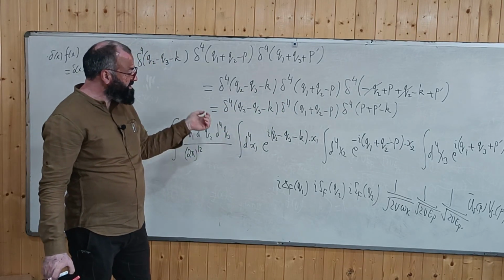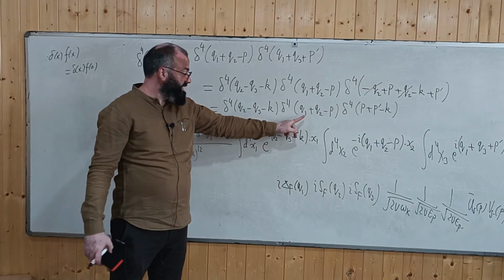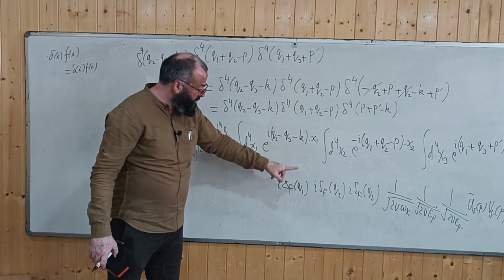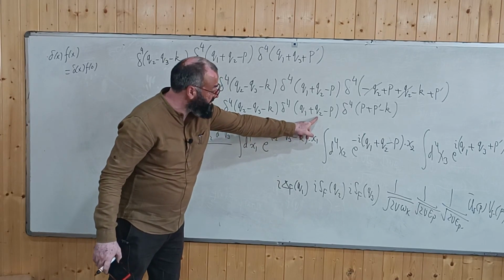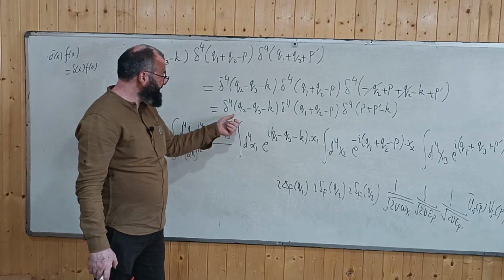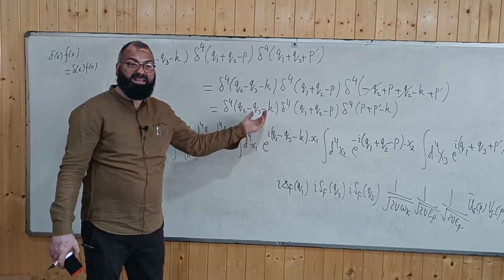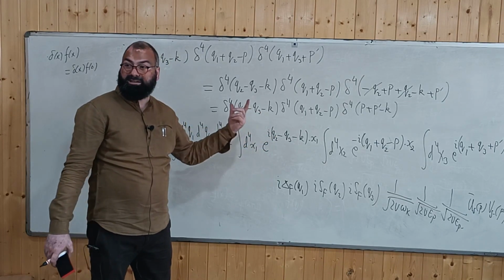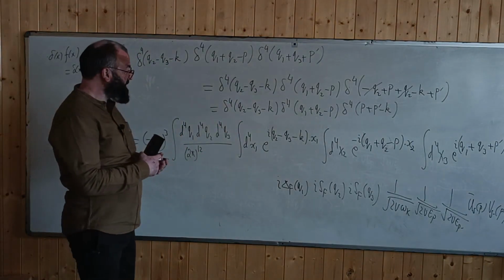Or instead, forget about q3, let's integrate over q1. Wherever you are having q1, q1 will be replaced by q2 minus p. Then you integrate over q2. q2 will be replaced by the other part. Clear? Okay, so let me write it.